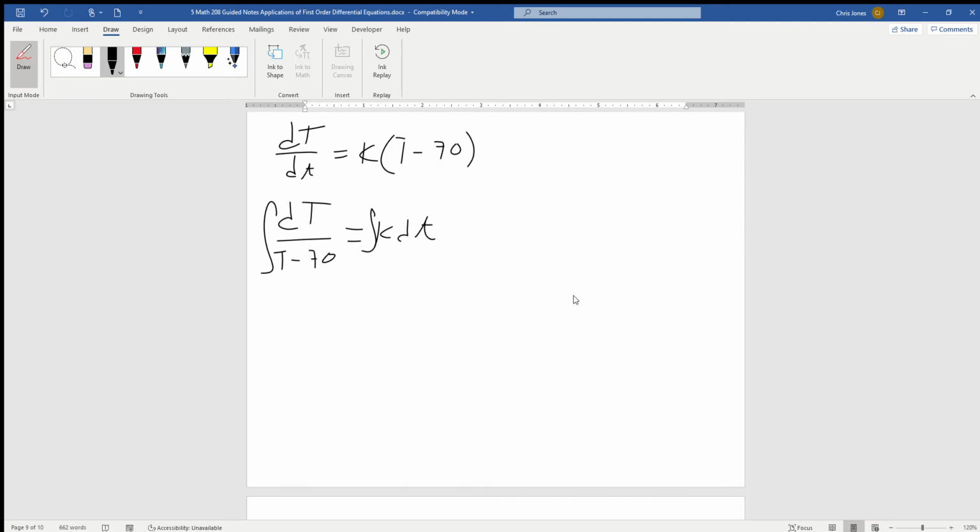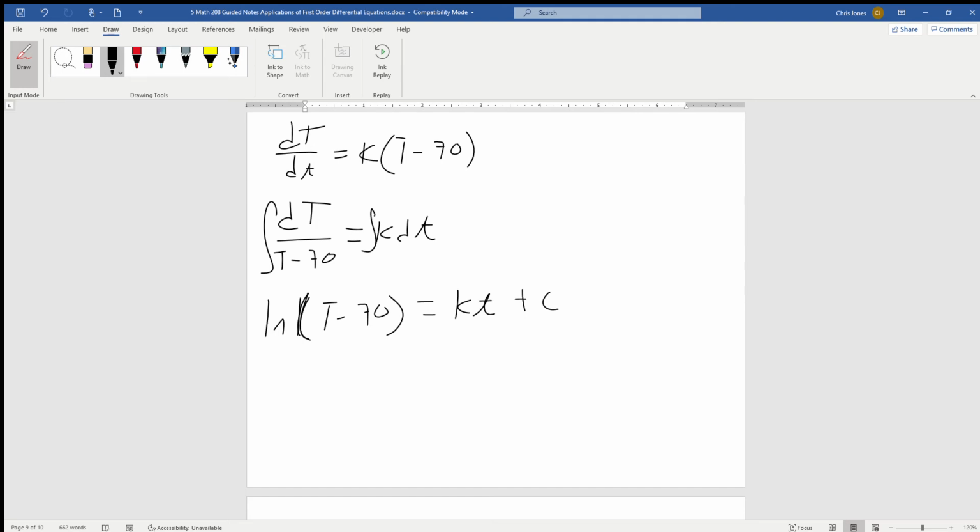So if we integrate, this becomes the natural log of the absolute value of T minus 70, although we could just say T minus 70 because it's never going to get below that, is going to be equal to kt plus c.